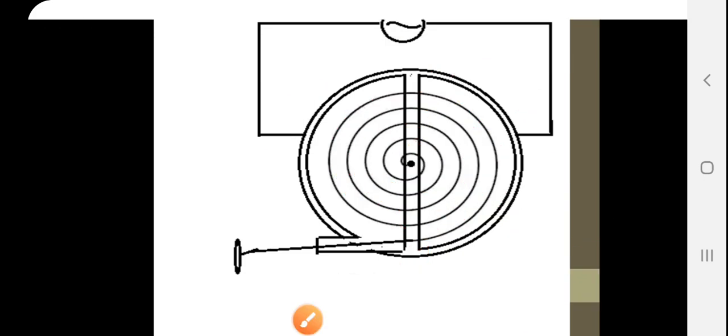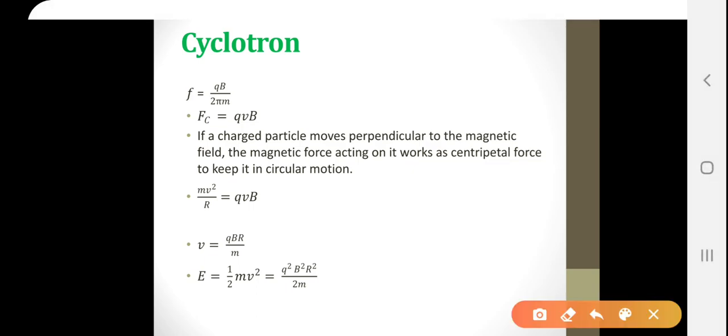Which is nothing but f equal to qB by 2 pi m. Q is the positive charge of the particle, B is the magnetic field, and m is the mass of the particle. So this is the change in frequency with respect to the magnetic field.